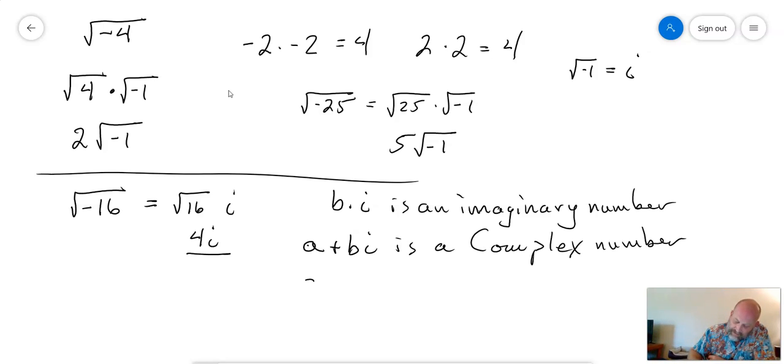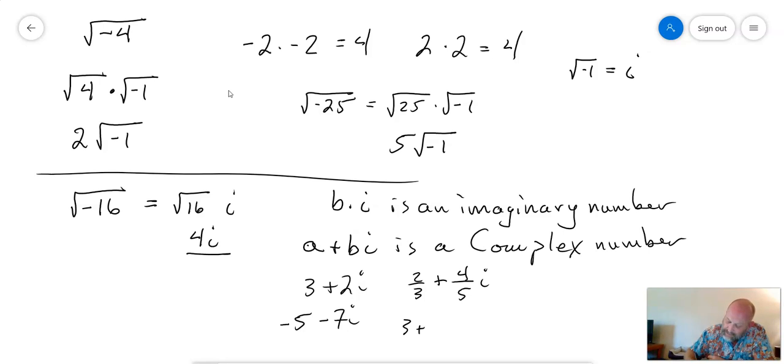So something like 3 plus 2i, negative 5 minus 7i, 2/3 plus 4/5 i, 3 plus the square root of 2 i. These are all complex numbers.